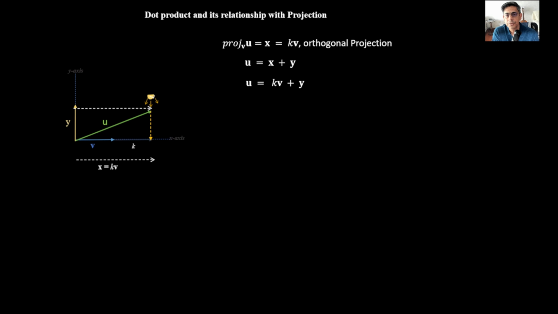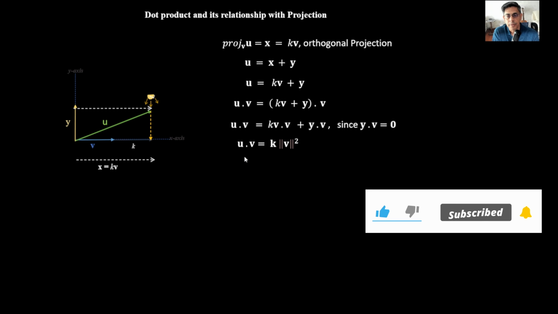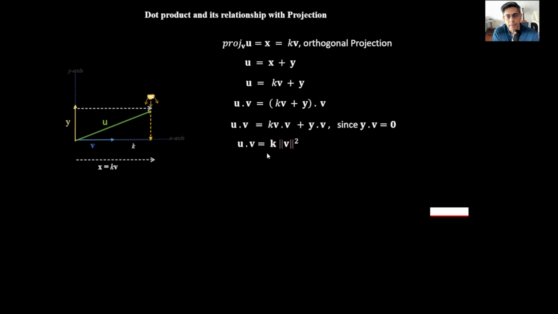Now let's substitute their values here. X is equal to kv, and then do a dot product on both sides. As a result, y dot v, since this is orthogonal, will be 0, leaving us a definition of u dot v as this line. But interestingly, now we have been able to find the value of this k.